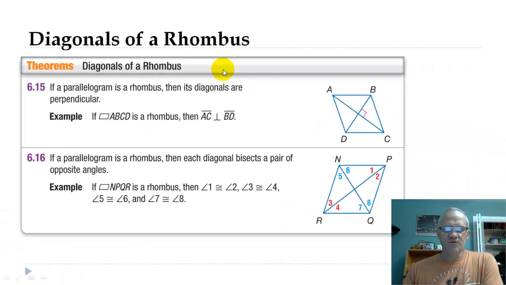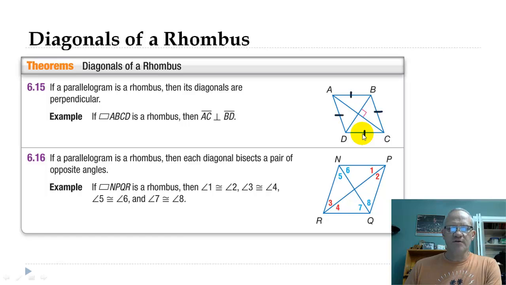All right, so what do those things mean? Here's a little diagram of a rhombus. The first thing we said was that the sides are all congruent. So that means side AB is congruent to BC, which is congruent to DC, and AD. All 4 of those sides are the same in a rhombus.